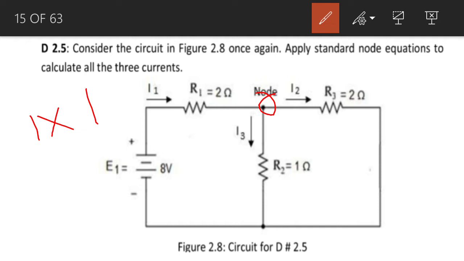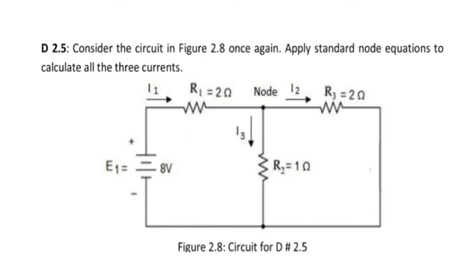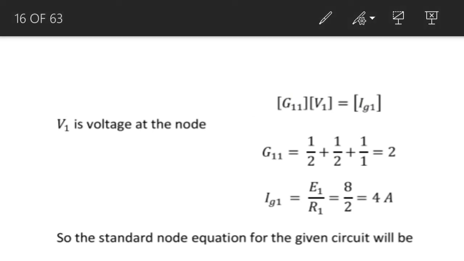So the standard node equations for this particular circuit in the matrices format is given by, we have G11. So the size of this matrix G11 is 1 by 1.